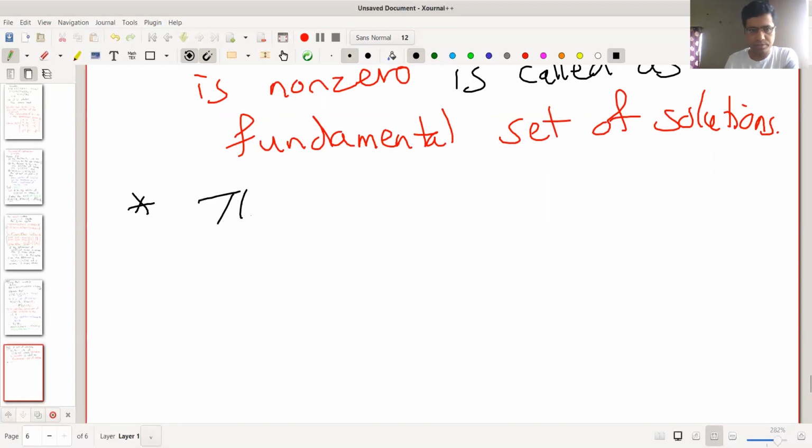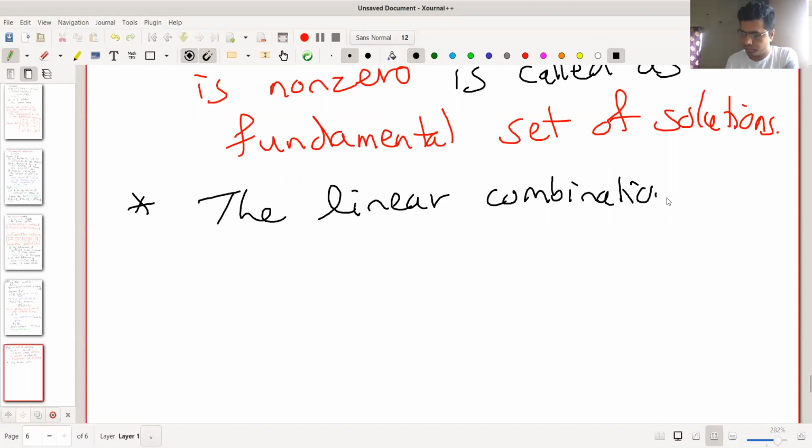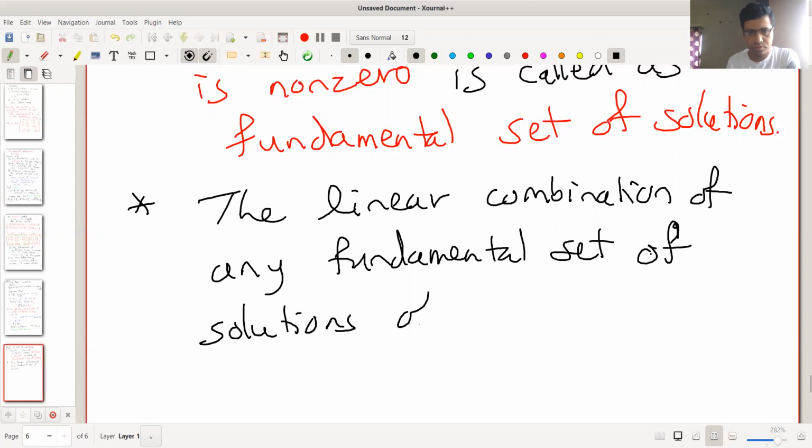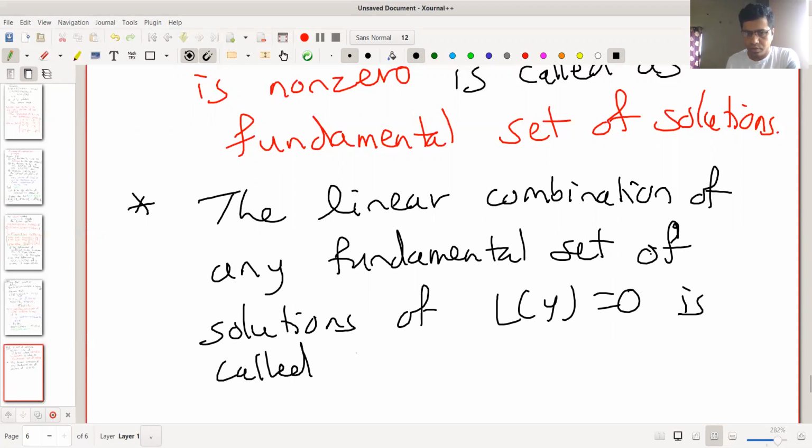The linear combination of any fundamental set of solutions of L of y equal to 0 is called the general solution.